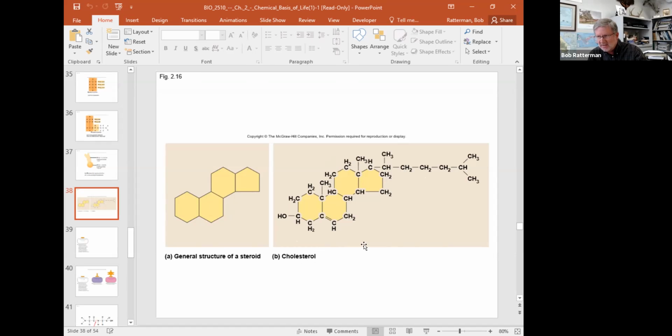It's the HDLs that are the good cholesterol and the LDLs are the bad cholesterol. So why do I bring up cholesterol? Well, because cholesterol can also be one of those structures found in the cell membrane, embedded within the bilayer. And it helps to affect the fluidity of the bilayer, actually. It affects the fluidity of the membrane, which in turn can influence the movement of materials across it.